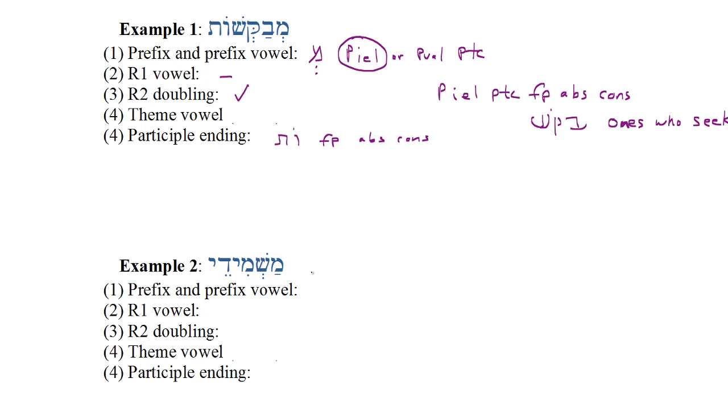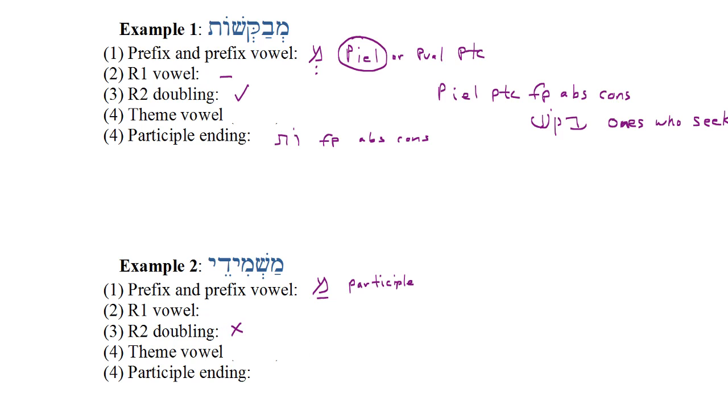Let's look at the next example here. We've got mashmide. Well, our hireq yod in the middle as our theme vowel pretty much tells us we have a Hiphil, and this is also verified by the prefix mem, and the prefix vowel patach tells us we have a Hiphil, and the mem tells us we have a participle. And the R1 vowel, the silent schwa, is consistent with a Hiphil. R2 doubling is not a factor.